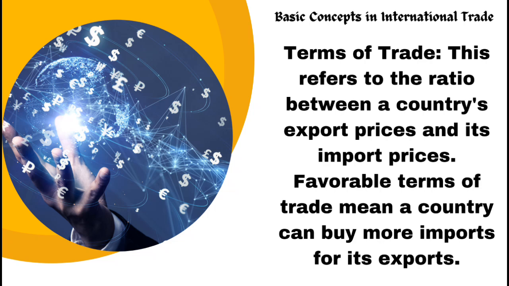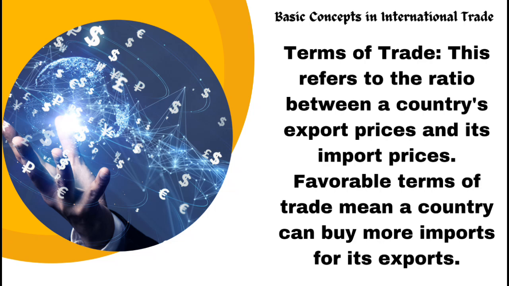I'm talking about the ratio difference between importing goods and exporting goods. We can also say that it is the rate at which a country's exports are exchanged for its imports. It is the relationship between the prices of exports and the prices of imports. It is measured as the ratio of the index of export prices to the index of import prices, expressed as a percentage.